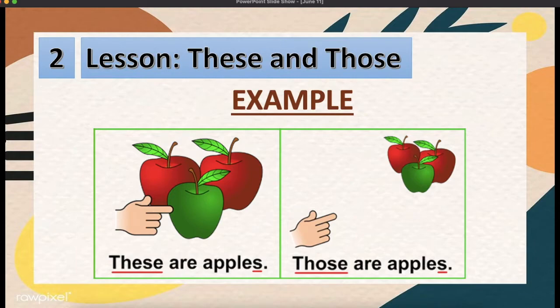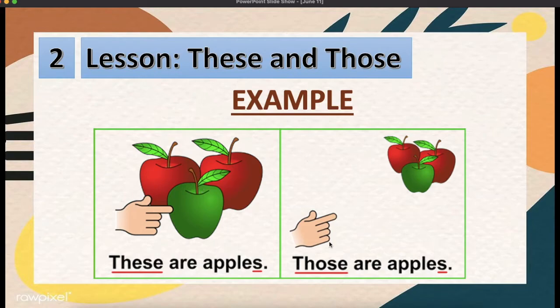If you will notice, apples is with letter S because it is 3 apples. And we use these because it is near and it is plural. It is 2 or more things.